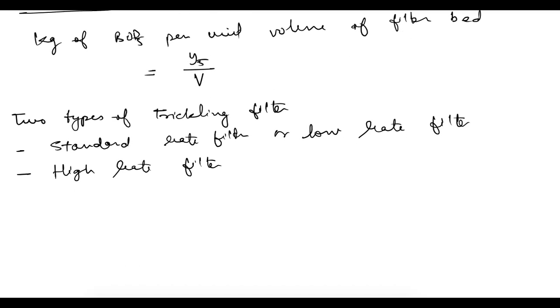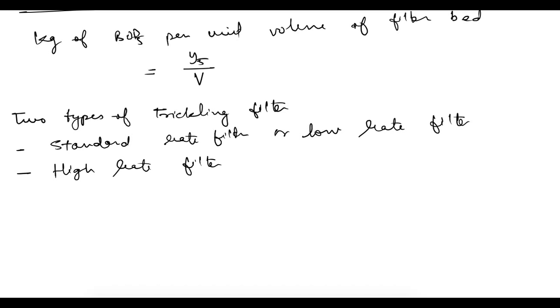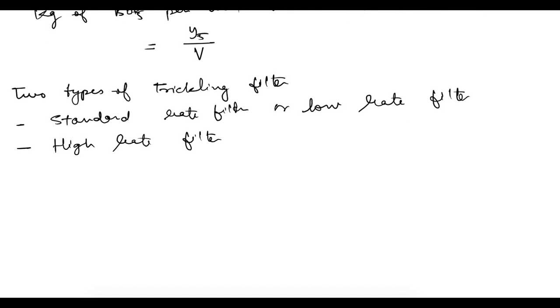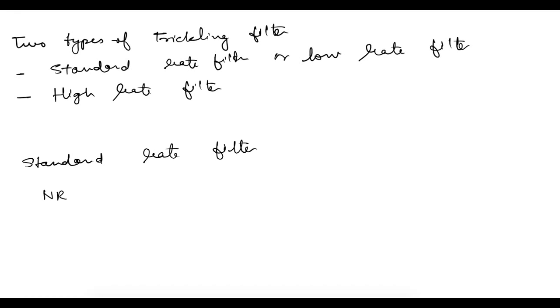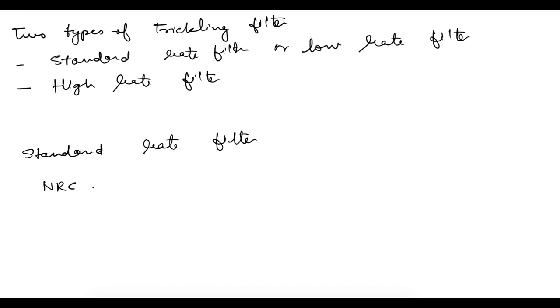Here we are writing the efficiency for the standard rate filter. For the standard rate filter, the formula for efficiency is given by the National Research Council of USA, and it is E, efficiency, is equal to 100 divided by 1 plus 0.44 under root of U.